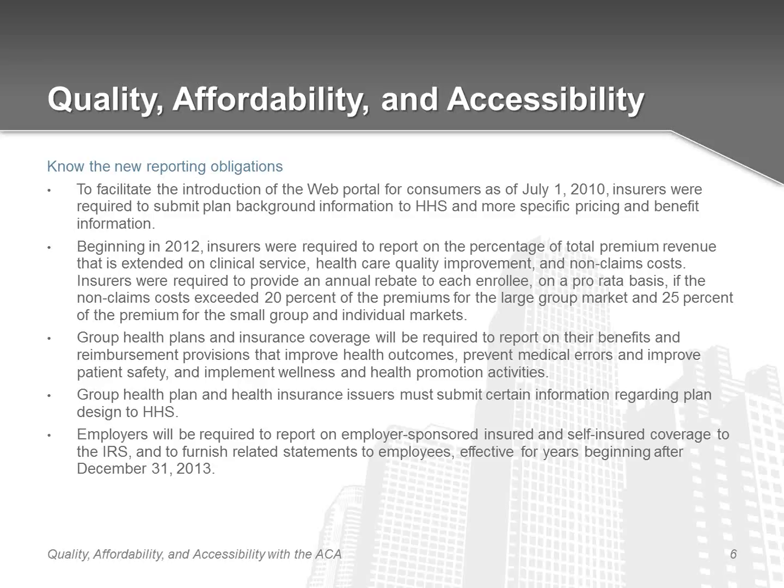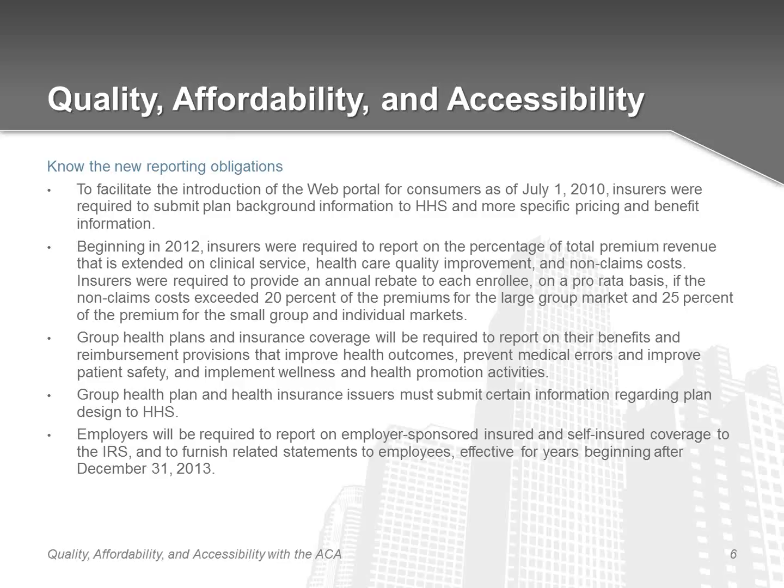Now, a large group is 100 employees for purposes of the ACA, and 25% of the premium for small group and individual markets. Okay, so that's something that, unless there's a big rebellion, we're going to hear for the foreseeable future every year.